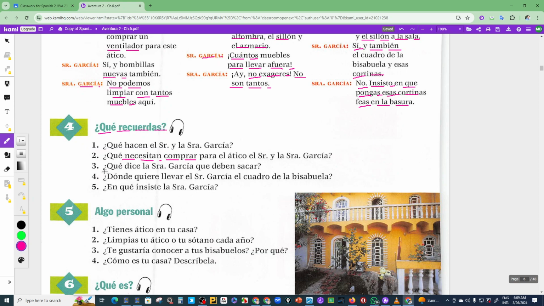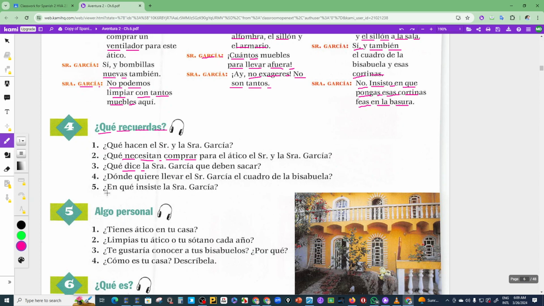Number 3. ¿Qué dice la señora García que deben sacar? The word dice is what do they say? What does Mrs. García say that they have to take out? ¿Dónde quieren llevar el señor García el cuadro de la bisabuela?